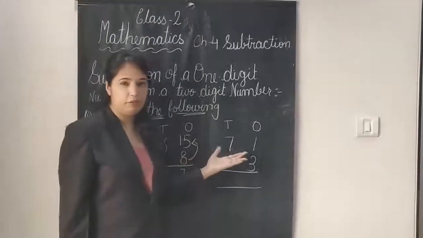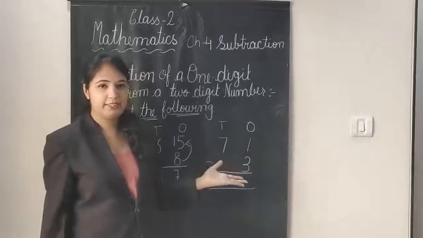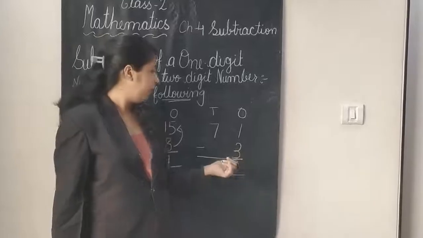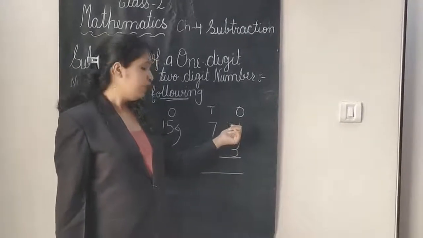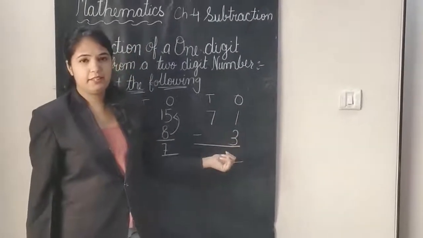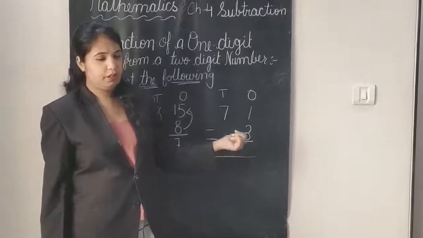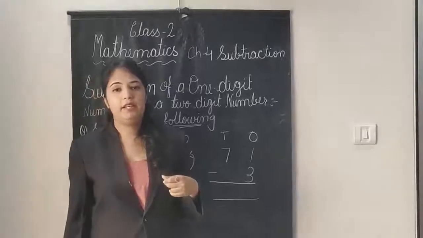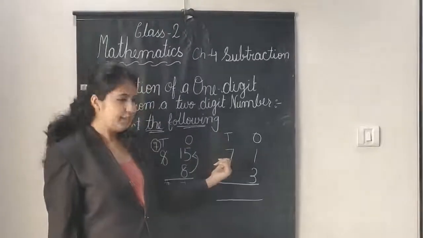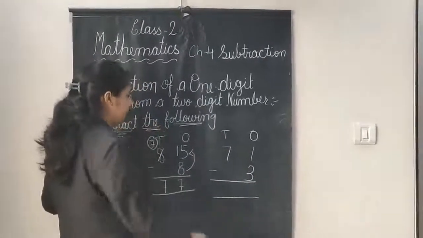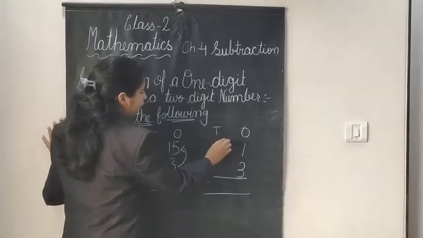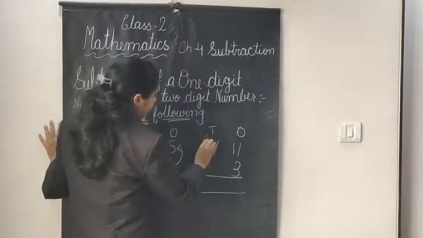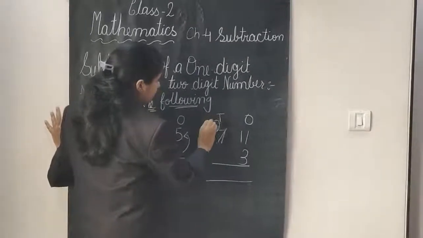Now moving forward to the last sum of our course book exercise, which is 71 minus 3, right? Is 1 greater than 3? No, 1 is smaller than 3. So what will we do again? We will borrow from the tens place, which is the number 7. So again we will cut 1, put 1, minus 1, which is 6.